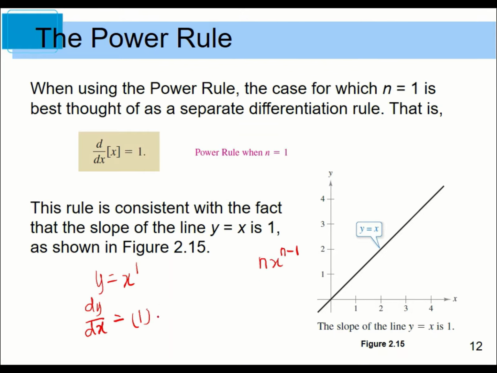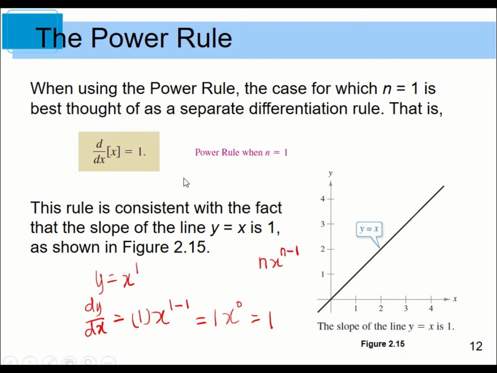Therefore, 1 we bring down, we copy the x, and the power is 1 reduced by 1, so we get 1 times x to the power of 0. And x to the power of 0 is 1, therefore we have 1 times 1, which is 1 only.